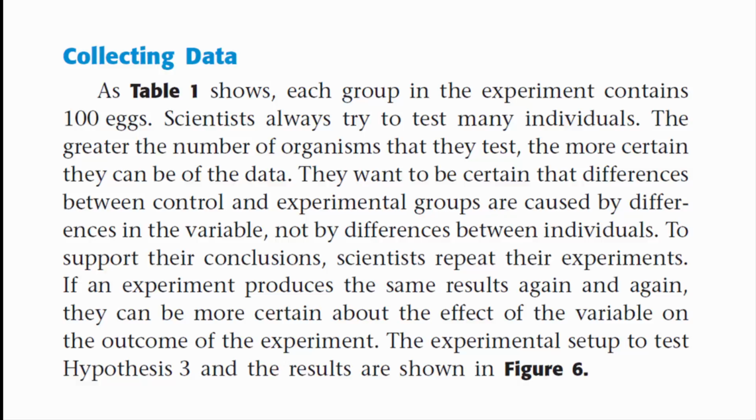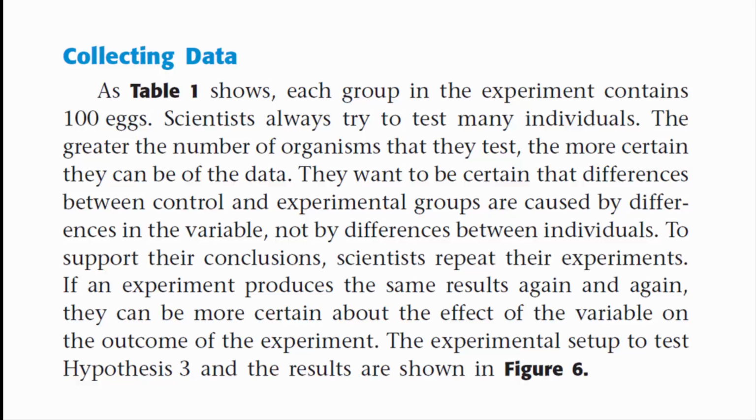As Table 1 shows, each group in the experiment contains 100 eggs. Scientists always try to test many individuals. The greater the number of organisms that they test, the more certain they can be of the data. They want to be certain that differences between control and experimental groups are caused by differences in the variable, not by differences between individuals.